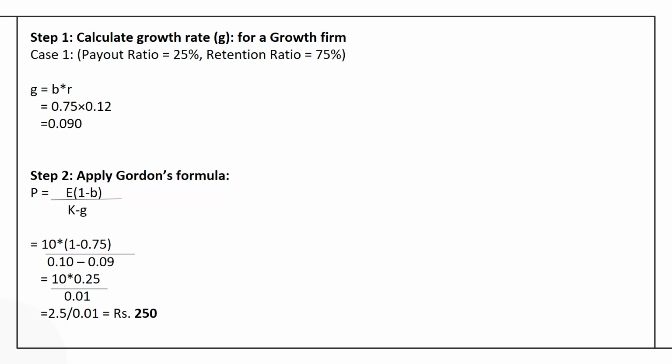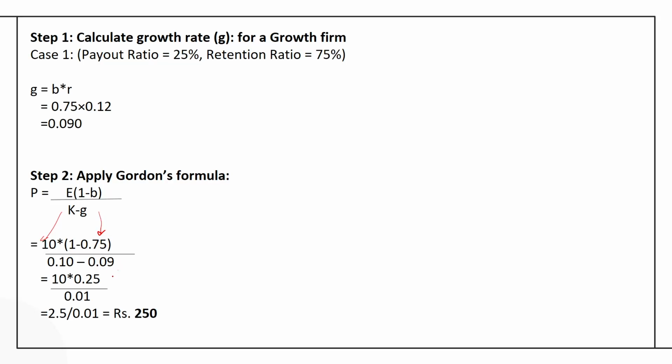So, here as per the equation, we have to substitute the formula with the figures. Here the E is nothing but 10 rupees, the 1 minus B, B is the fraction of profit which is retained, and in this case it is 0.75, and K is 10%, whereas the growth rate we have already calculated to be 9%.